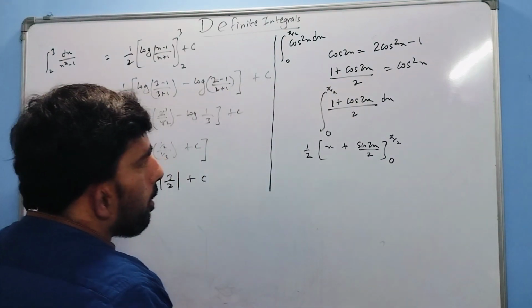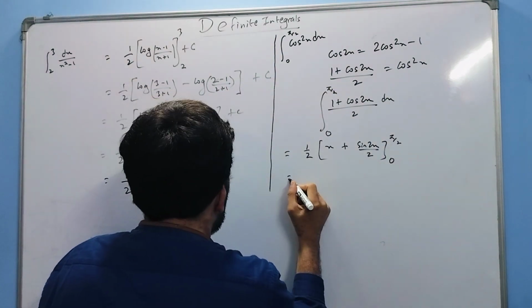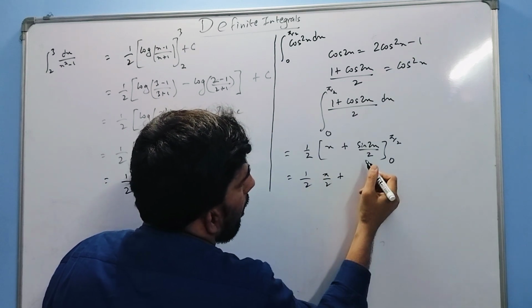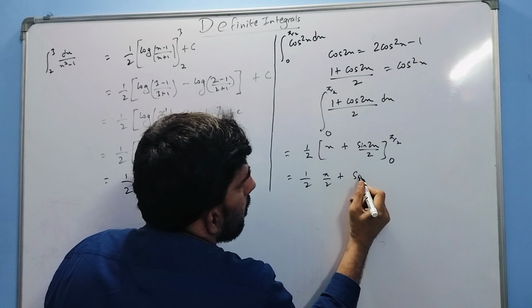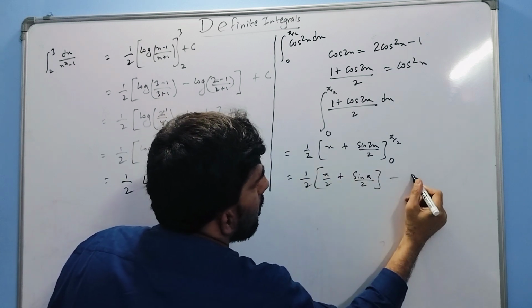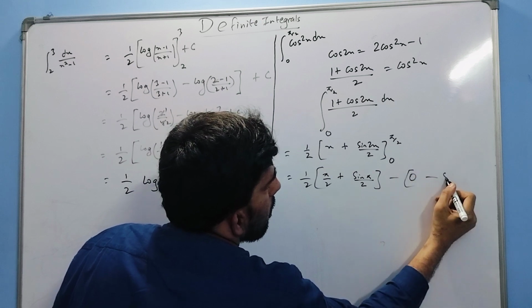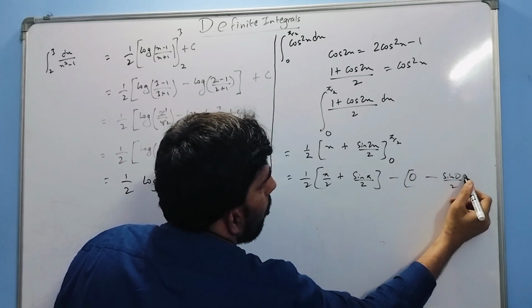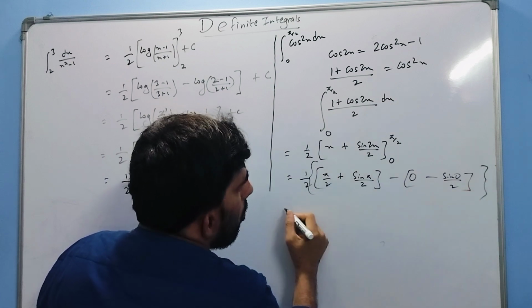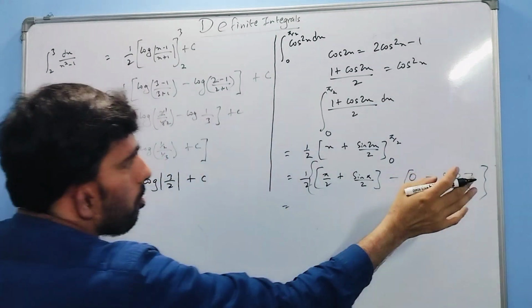Now we'll try to put the limits. I got half of pi by 2 plus sine pi upon 2, minus 0 minus sine 0 by 2. We all know sine 0 is 0, so that will all be 0.